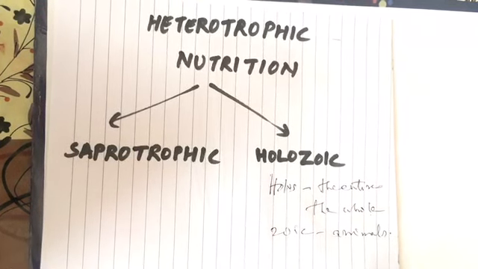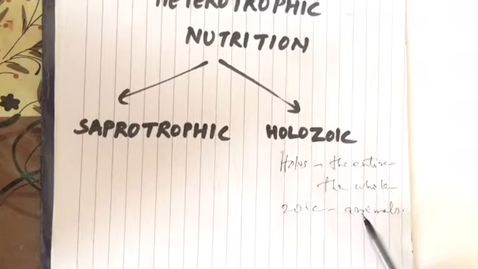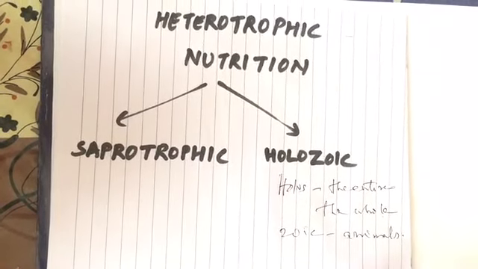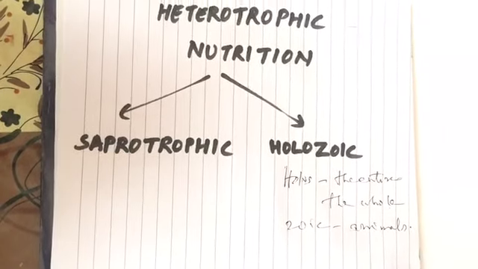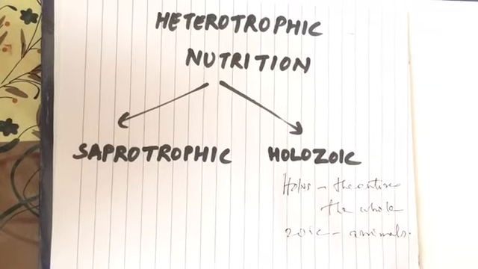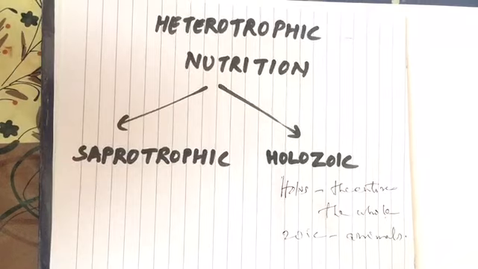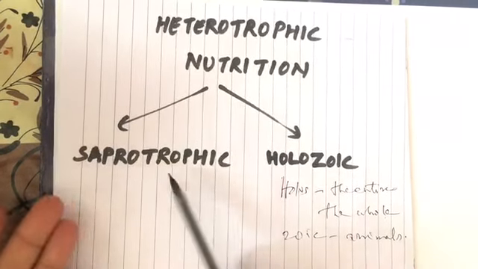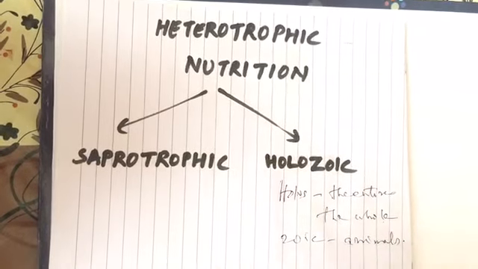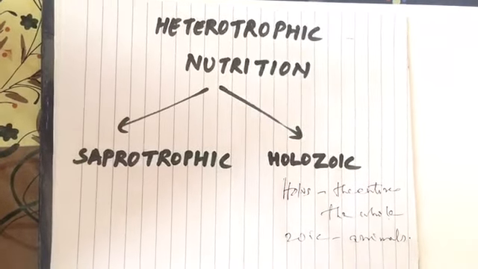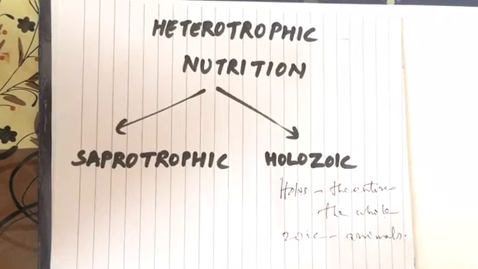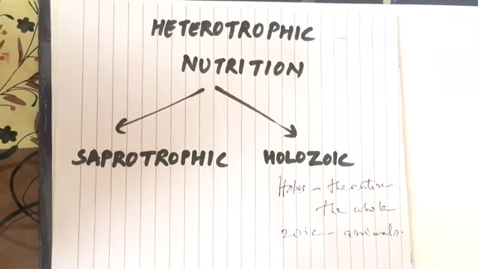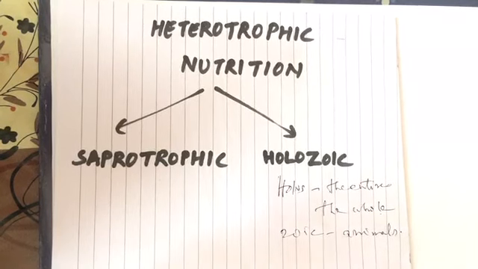It means in this way of nutrition, animals take the complex food materials into the body, then get it digested and absorbed and assimilated. Whereas you have already seen in saprotrophic nutrition, the dead and decayed matter is already converted to simple soluble forms outside the cell and the nutrition takes place.